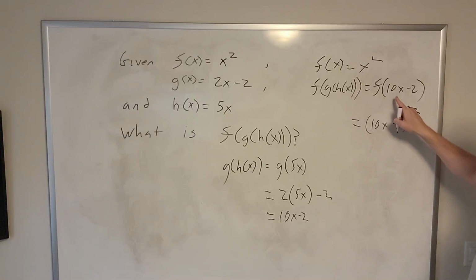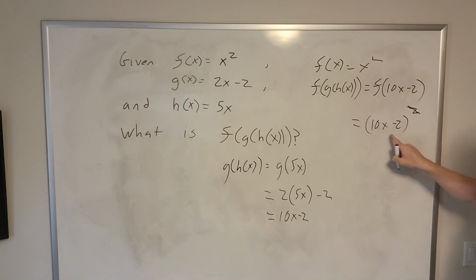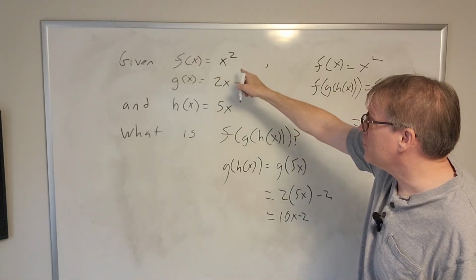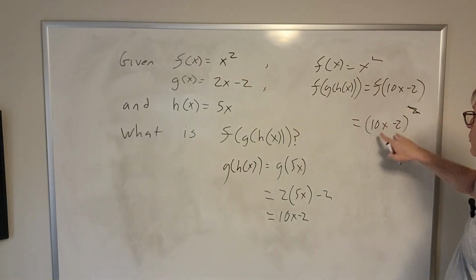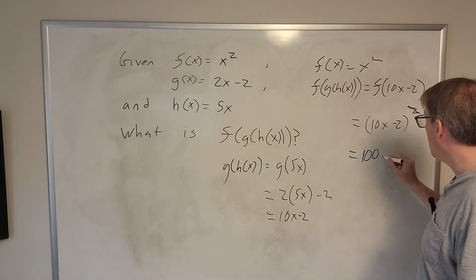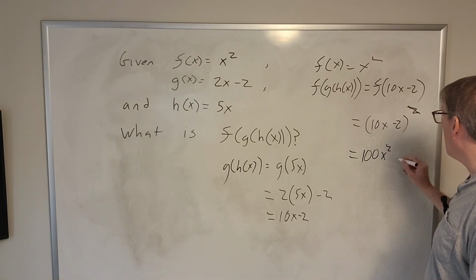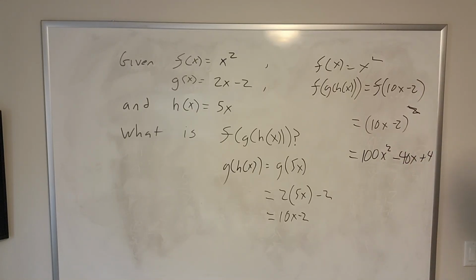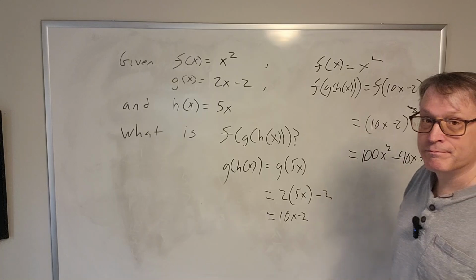Think of this as a box. Well, it's just box squared, because f of x, whatever you input, you square it. So we're inputting 10x minus 2, so we're squaring it. So that's going to be 100x squared minus 40x plus 4. And that's it. That's all.